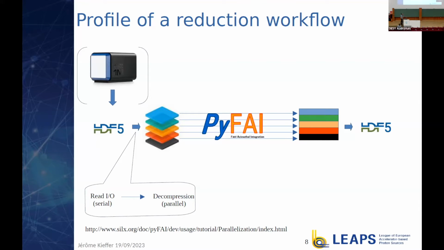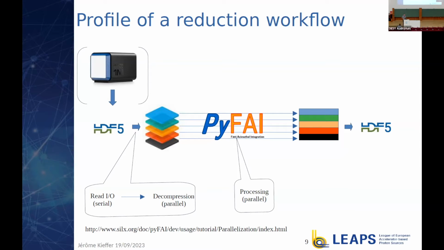Inside the HDF5 library, there's a lock that prevents multi-threading. So let's say that the reading is pure IO and serial, and it's enforced by the lock inside the HDF5 library. The bitshuffle LZ4 is parallelized, so the decompression can be made multi-threaded using OpenMP.